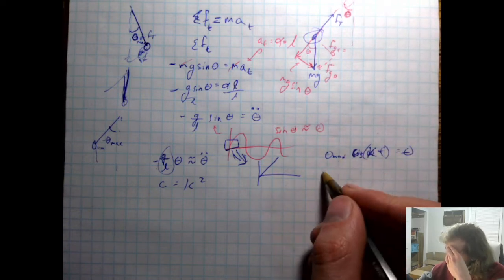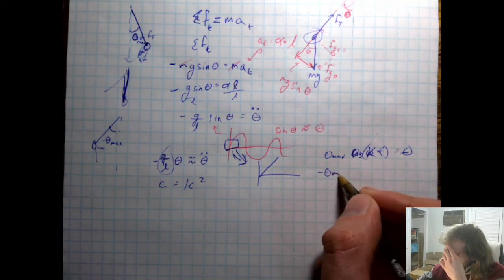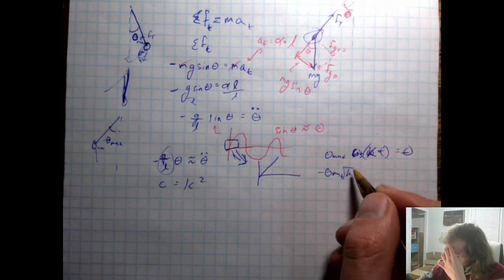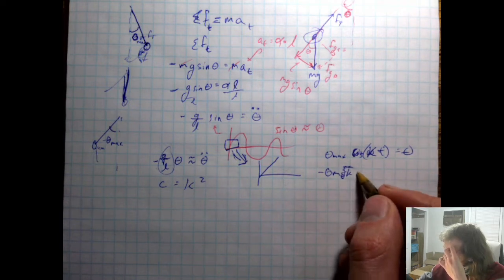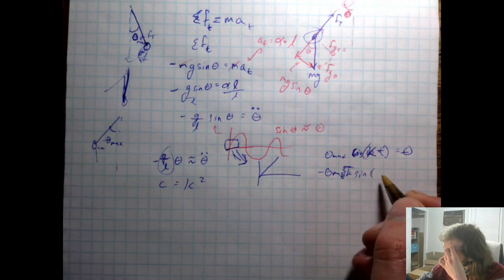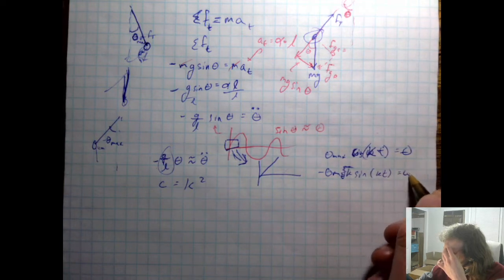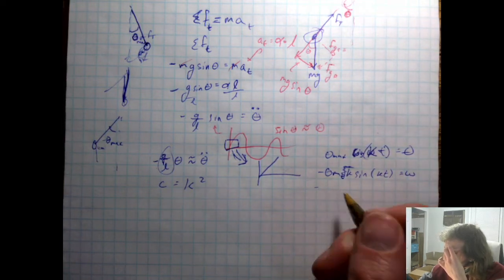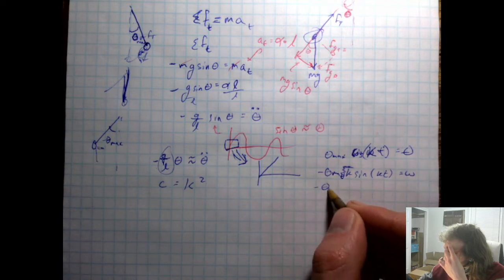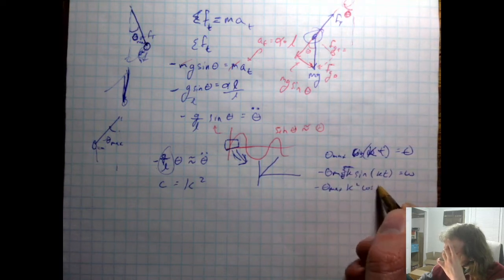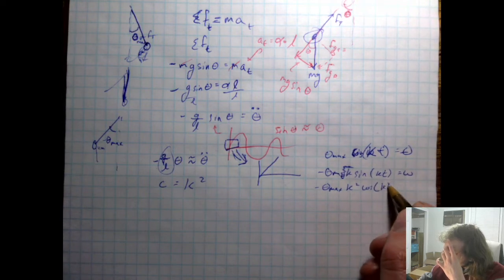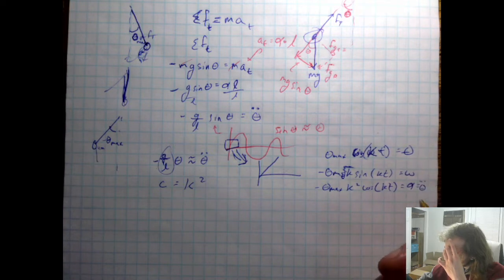I'm not using omega here, that's why I'm using k. If we take the derivative of that, we'll get negative theta max times k times the sine of kt is our angular velocity. And with our second derivative, negative theta max times k squared times cosine of kt will need to equal our alpha, or our second derivative.